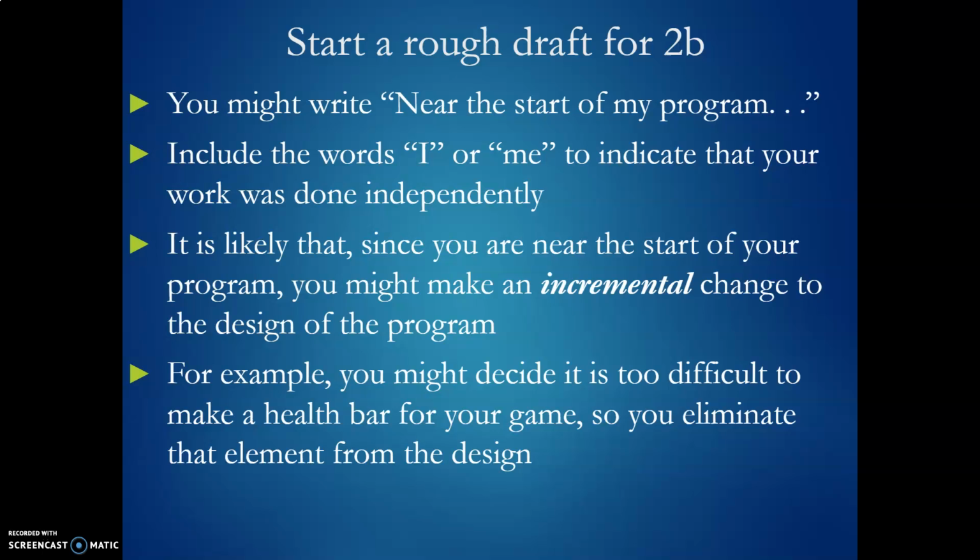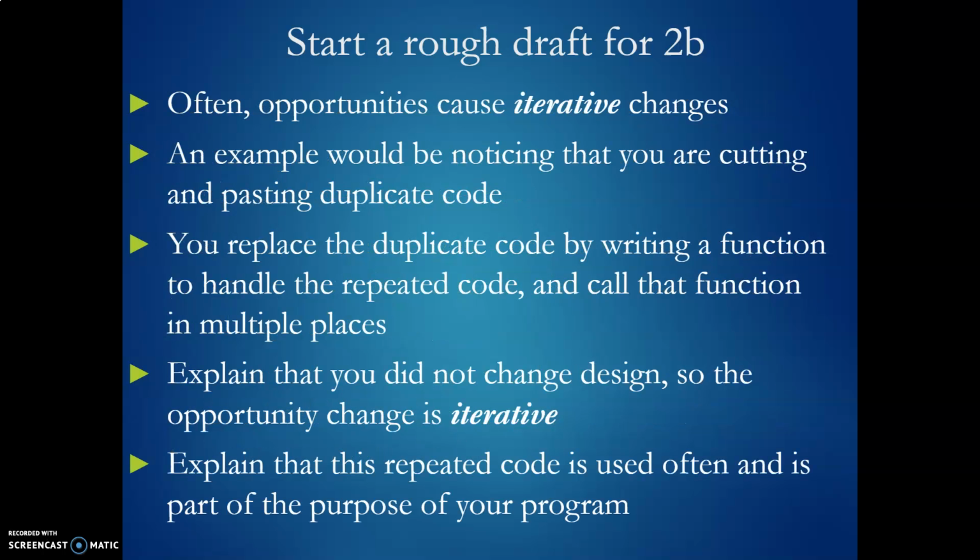If you're running into trouble at the beginning of your programming process, you're probably going to make an incremental change that changes the design of your program. For instance, you might decide it's too difficult to make a health bar for your game, so you eliminate that element of the design and you simplify the game. That's a great thing to write about. Don't worry that you're scaling back your expectations. That's a very common thing, and it's a good thing to write about.